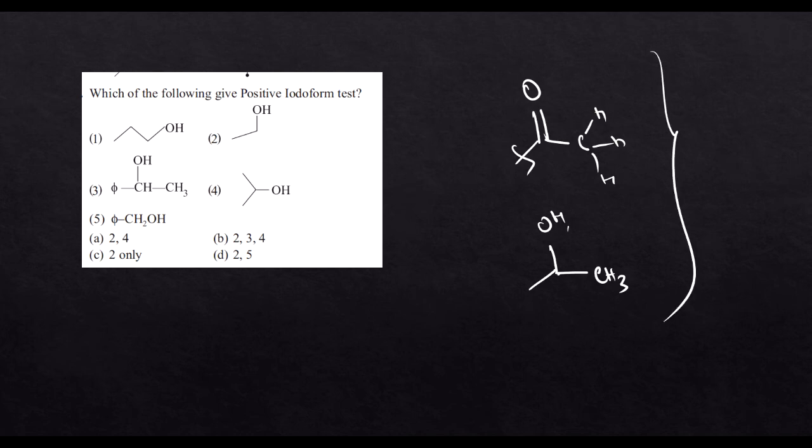If we go through all the options, the first option does not contain any one of that group, so that one got cancelled. But the second option contains this type of group, the third option also contains it, and the fourth option also contains it. So 2, 3 and 4, all those 3 compounds will be iodoform positive.